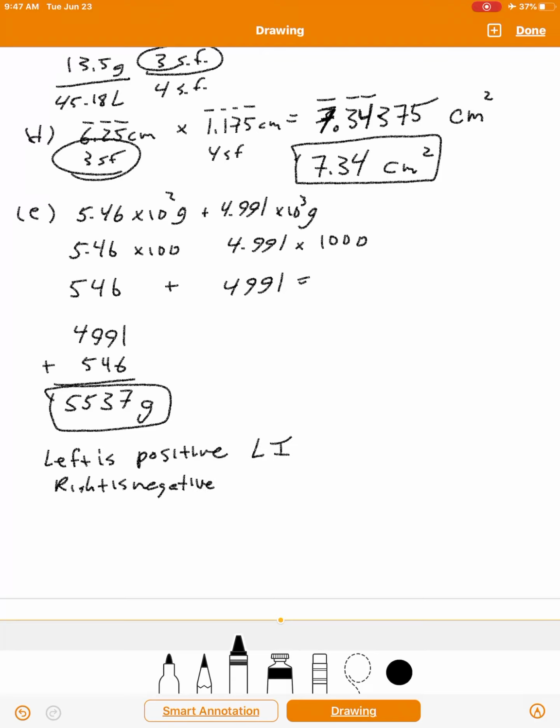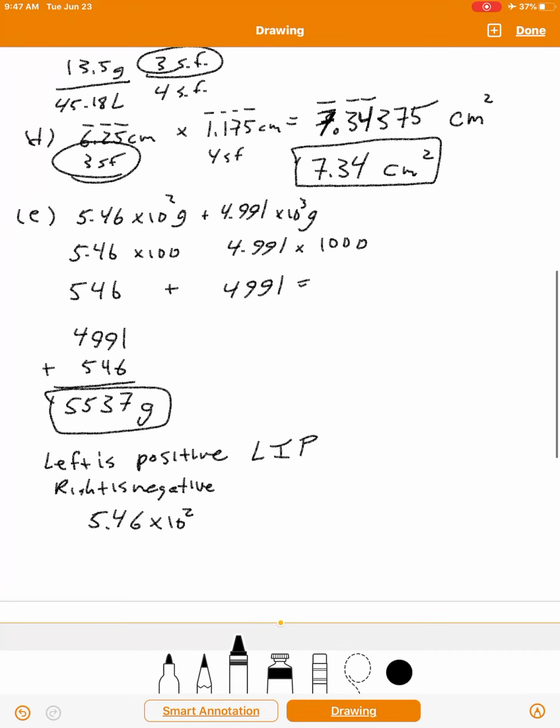Lip is how I remember it. Left is positive. So what I'm going to do is take 546 times 10 to the 2, and I'm going to move this to the left, one space. When I say I'm going to move it, what I mean is I'm going to move the decimal point, one space.